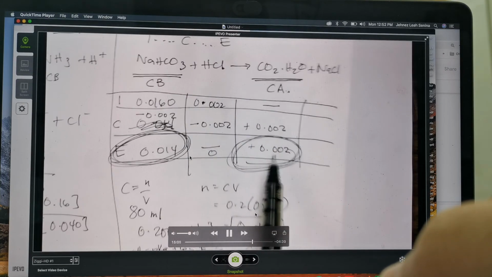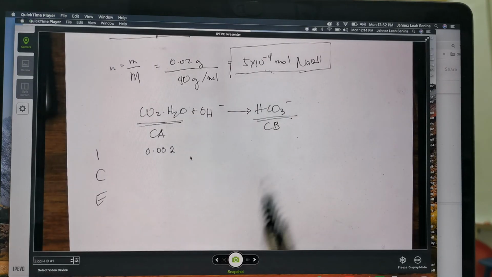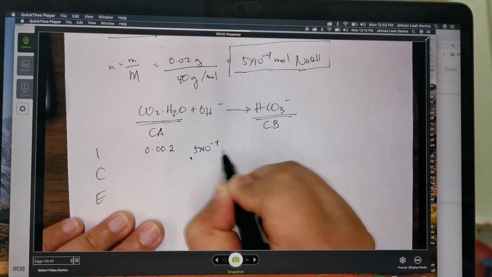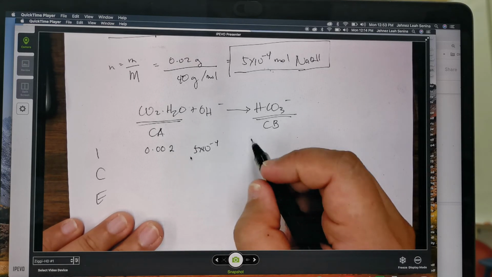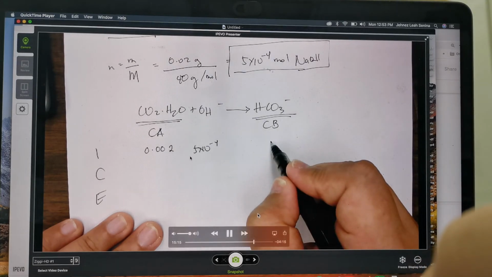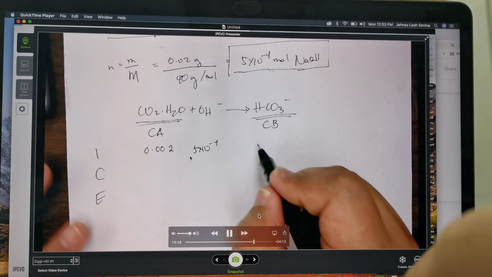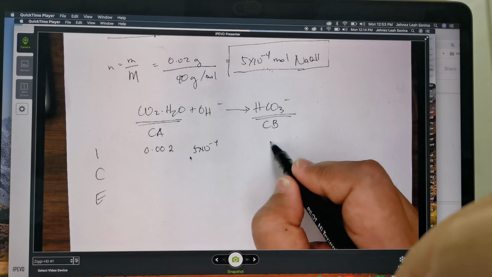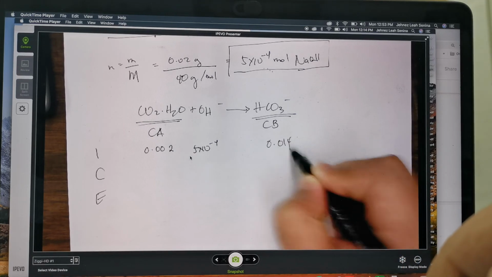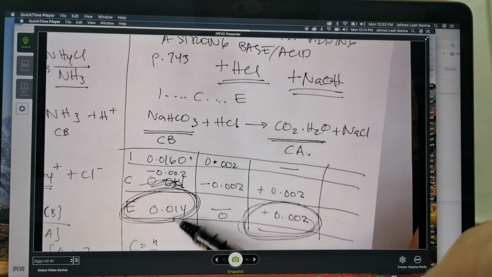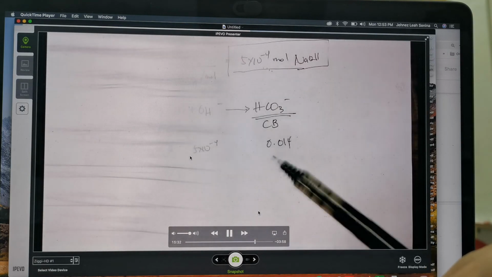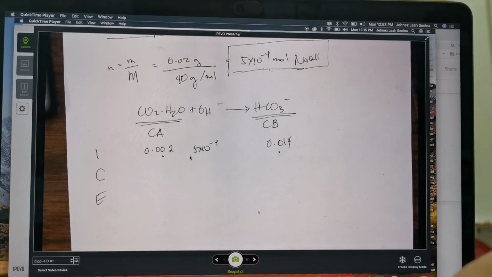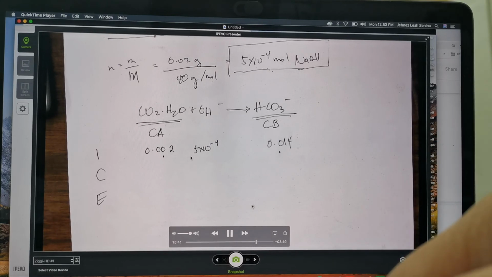The initial mole of your base is 5 times 10 to the negative 4 mole. The initial mole of hydrogen carbonate is 0.014. Remember, this is the mole of HCO3 minus, and this is the mole of your CO2 H2O, carbonic acid.